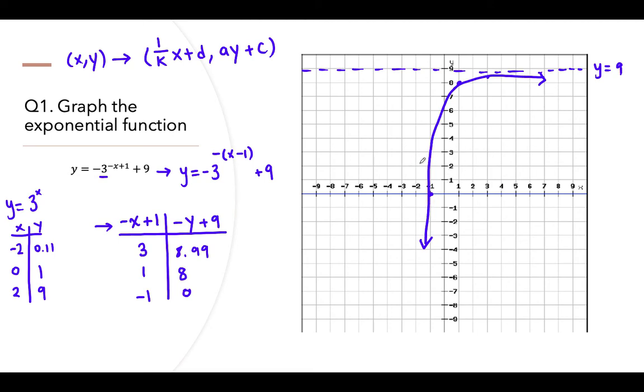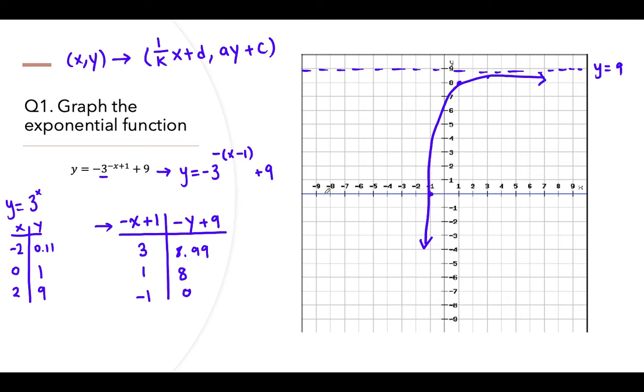Okay, and just by looking at it, you will notice that there are two negatives. So that means from my original function, it has been reflected twice through the x-axis and y-axis. It moved to the right one step and it moved up 9 steps, 9 units.